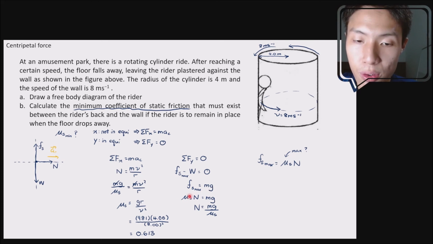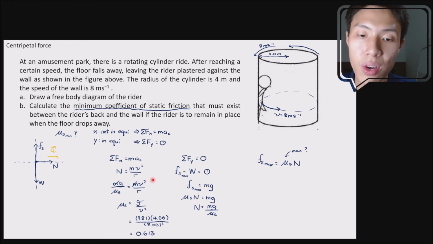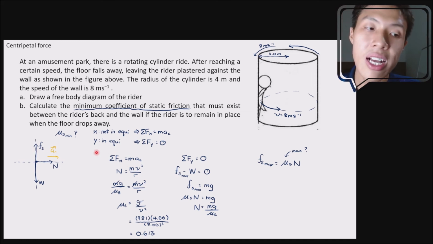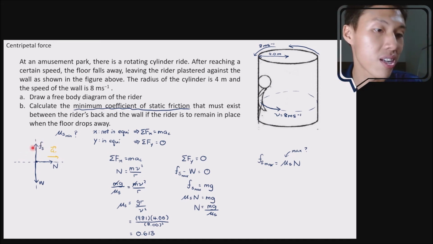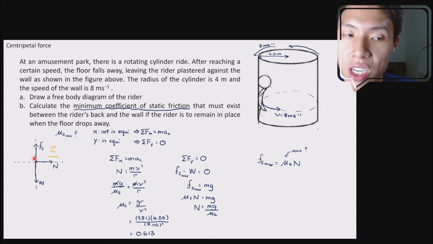That means your static friction here still hasn't achieved its maximum static friction yet. Okay, it's still a static friction, but your static friction can be greater than that. It's still not the maximum. So your static friction at this point will balance the weight, just that it still hasn't achieved its maximum yet.